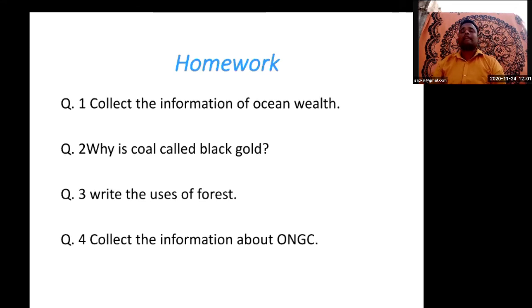Okay, now collect the information about ONGC. ONGC is a national institution which works for natural oil and gas. So you have to collect more information about this. Okay, so in this way we have completed this lesson, that is natural resources.